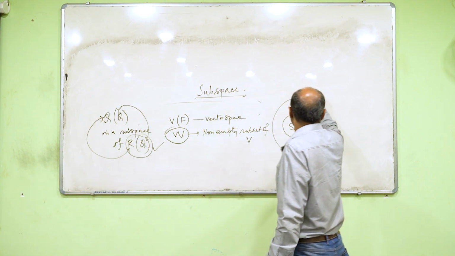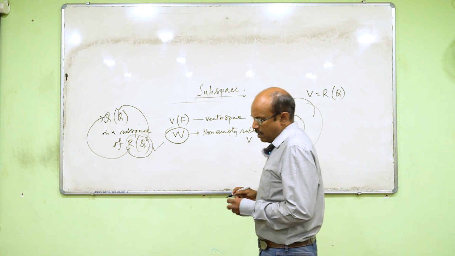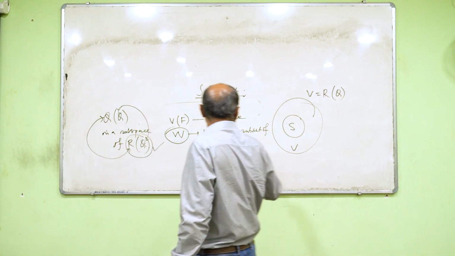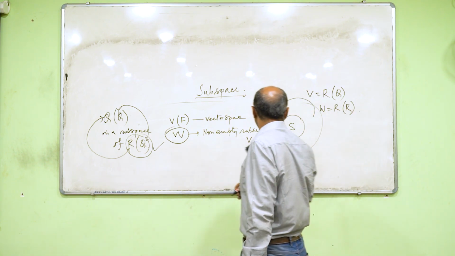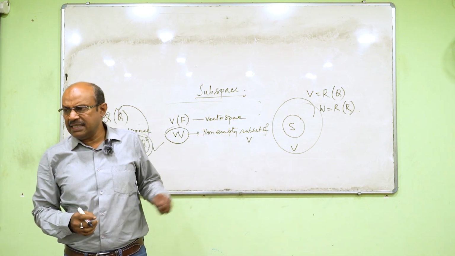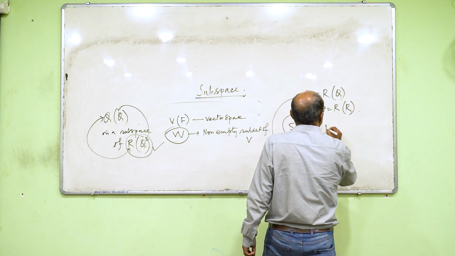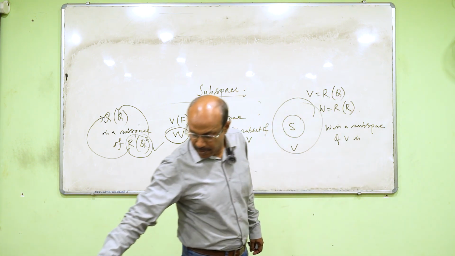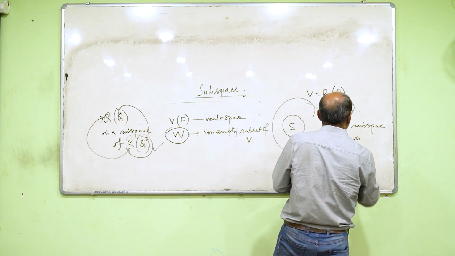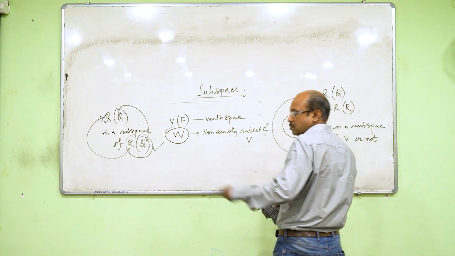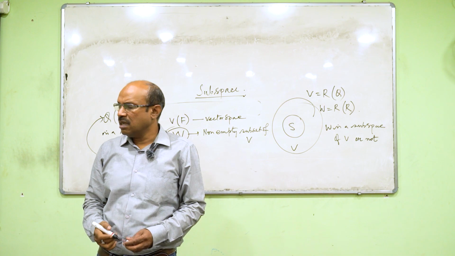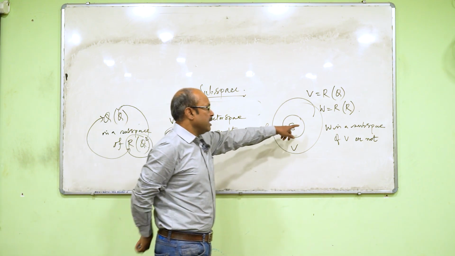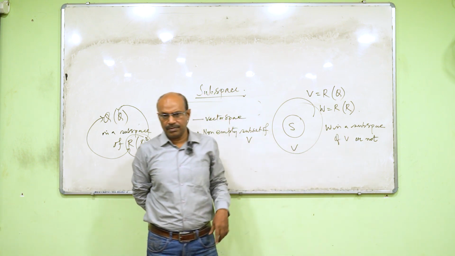If we consider V equals R over Q, which means R is a vector space over the field Q, and W equals R over R, then we have to check whether W is a subspace of V or not.